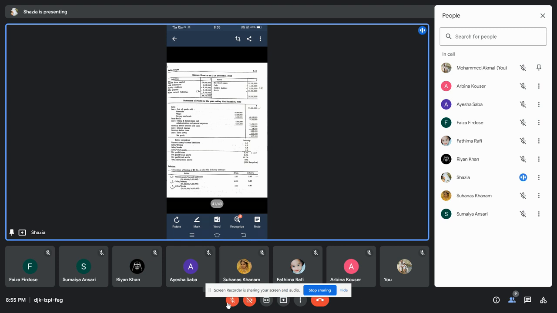Then earnings before taxes they have got 2 lakh 31,000. Then they have deducted the taxes, 50%. This is fixed. So 50% of 2 lakh 31,000 is 1 lakh 15,500. So the remaining net profit is 1 lakh 15,500. So this is how the profit and loss account they have provided, wherein we have got the net profit.